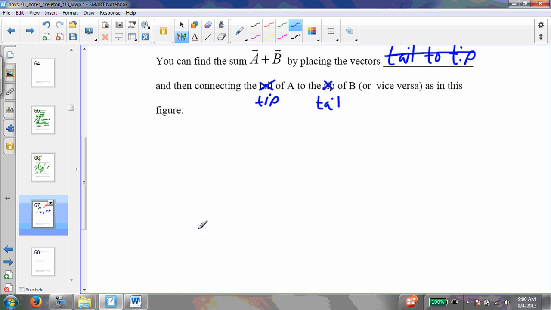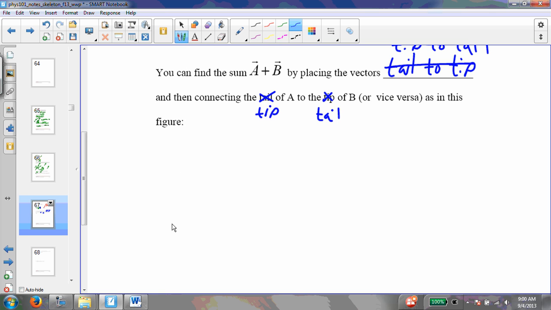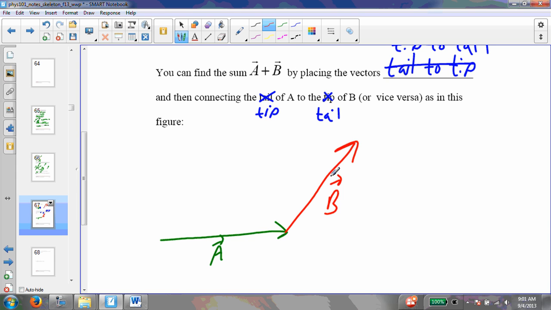All right, so let's see. I'm going to have my vector A. I think I drew it in green earlier. So I'll draw my vector A, and now I'll draw my vector B. And now if I want to know the vector A plus B, I'm going to draw a line from here to here.